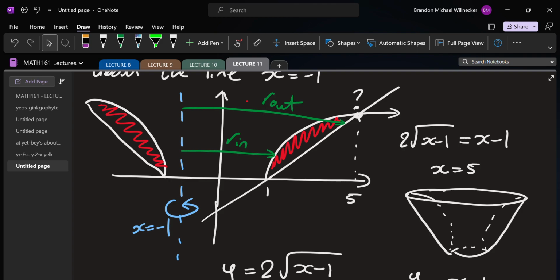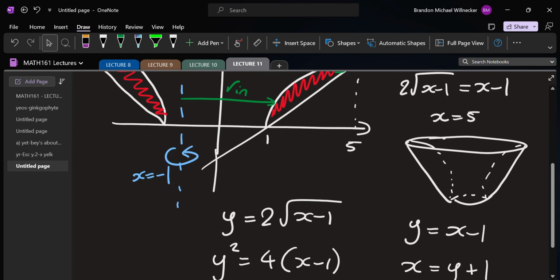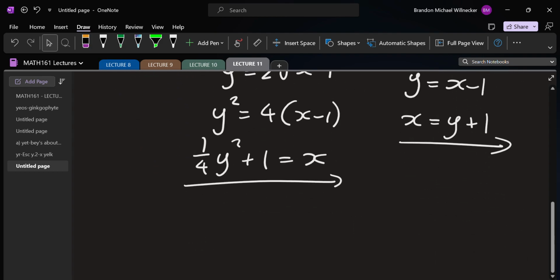Okay, so what's the distance going to be? For r in, the x value is from the y-axis to the curve. That's x, y-axis to the curve. But the axis of rotation is at x equals minus 1. We need to add 1 to the distance. So from the line x equals minus 1 to the y-axis, that's 1 plus the x distance from the y-axis to the curve.